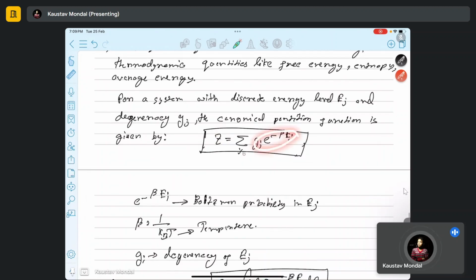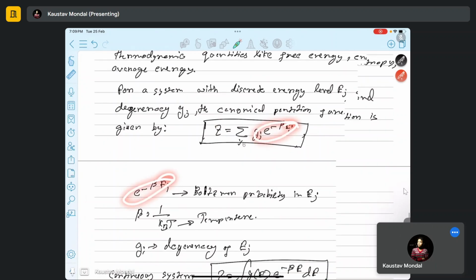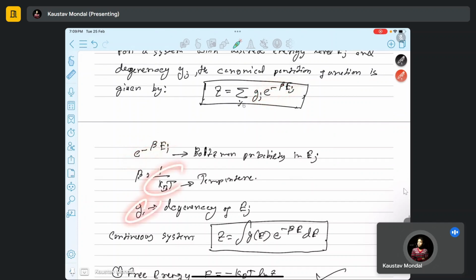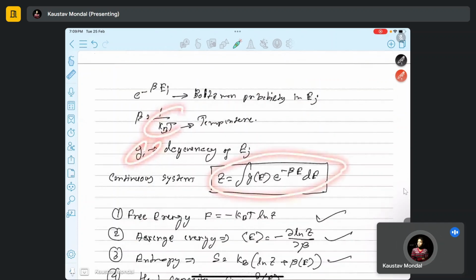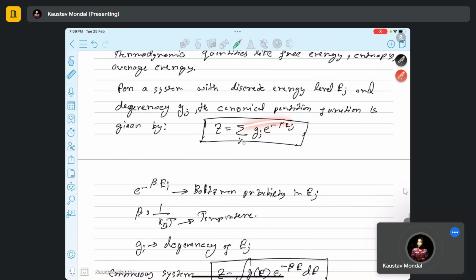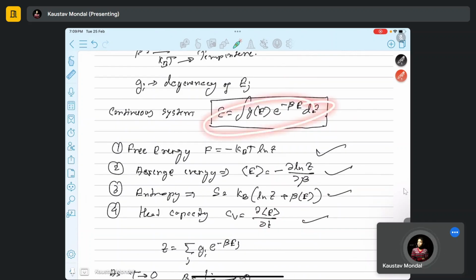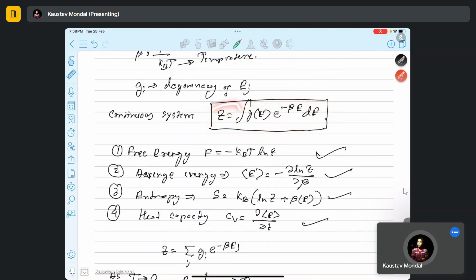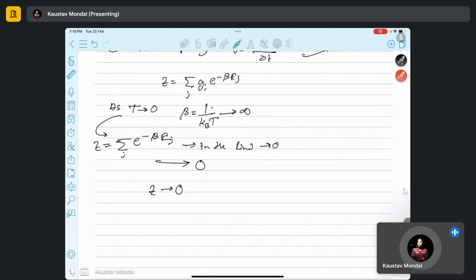This is the Boltzmann probability distribution. Beta is 1 by kBT and gj is the degeneracy, and for a continuous system we have to write the integral in place of this summation. And if you know this Z, you can calculate many things: free energy, average energy, entropy, heat capacity, all of these.